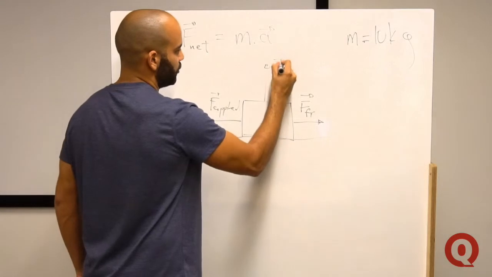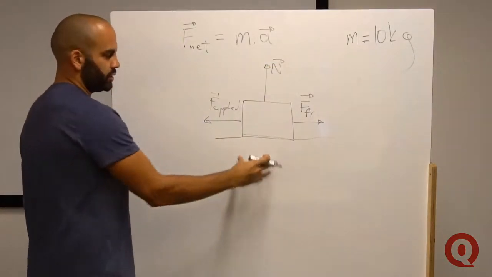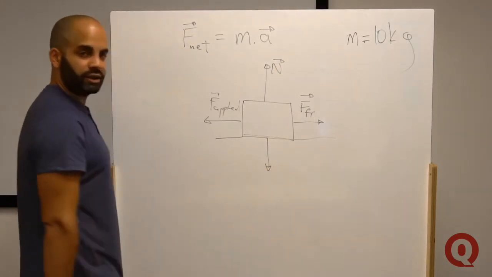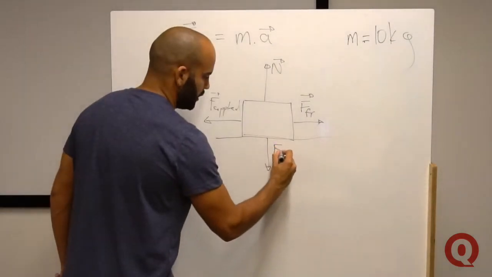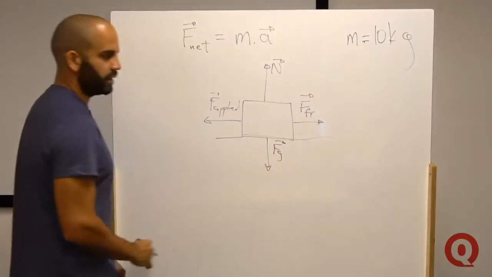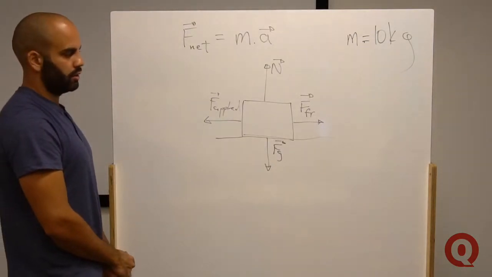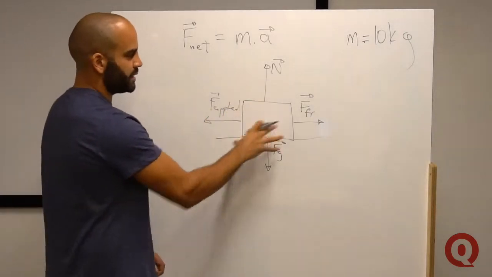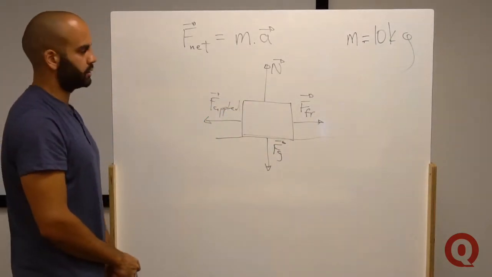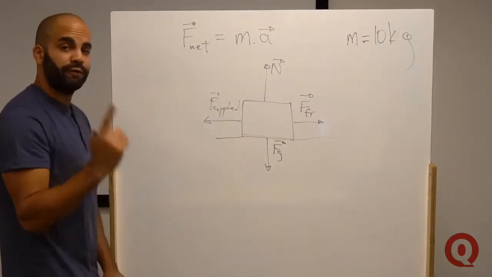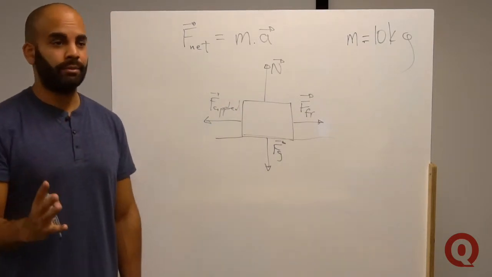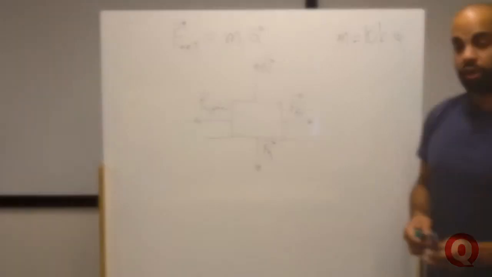And because it's on Earth, it has a gravitational force, Fg, associated with the box. And now we've labeled our force diagram. These are all the forces acting on this box, and that's our first question answered.